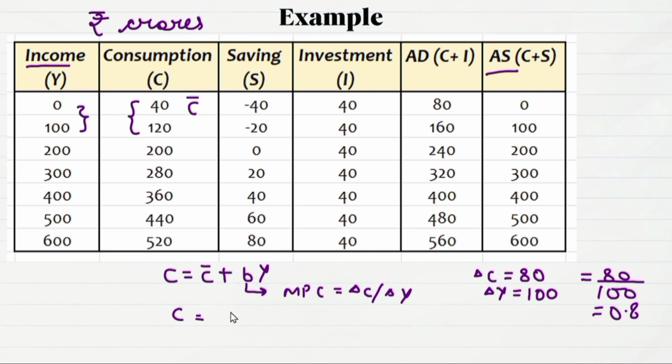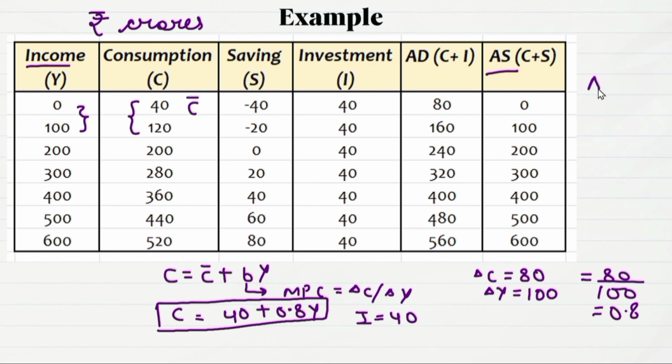So here I have derived the consumption function. This is my C. If I have to find AD, it is nothing but C plus I. What is C? 40 plus 0.8y, plus 40. This is 80 plus 0.8y.